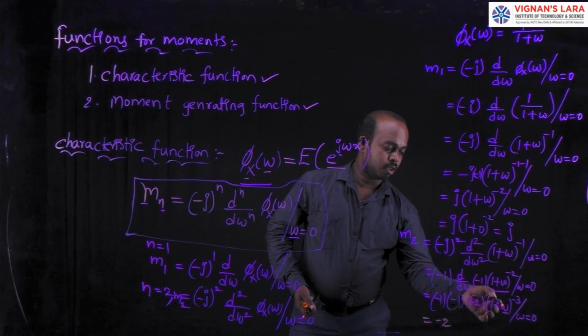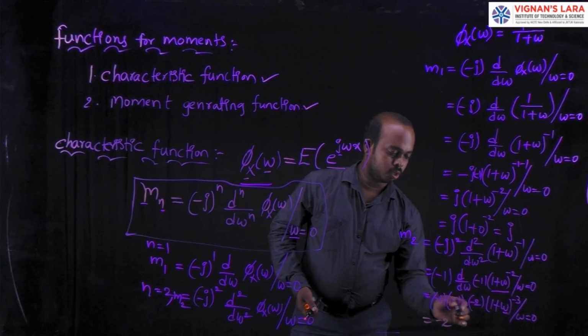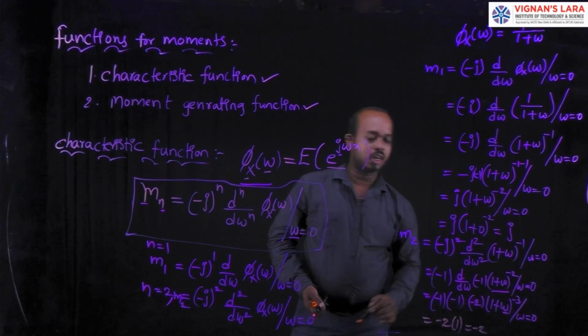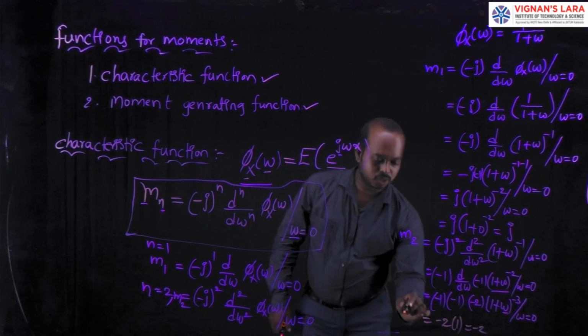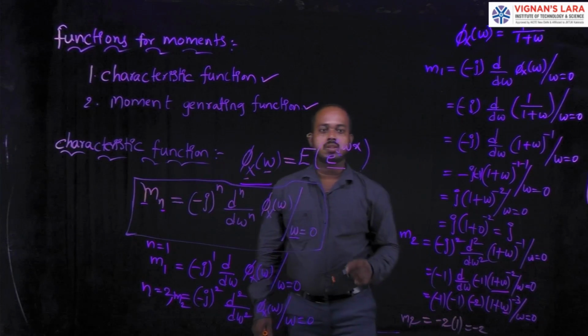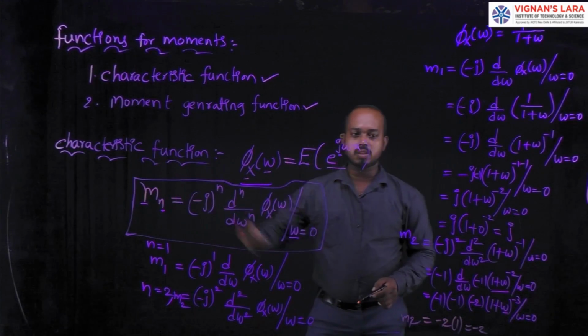Here you replace the omega value with 0, and 1 plus 0 is 1. The final value is minus 2. This represents the second moment of the characteristic function.